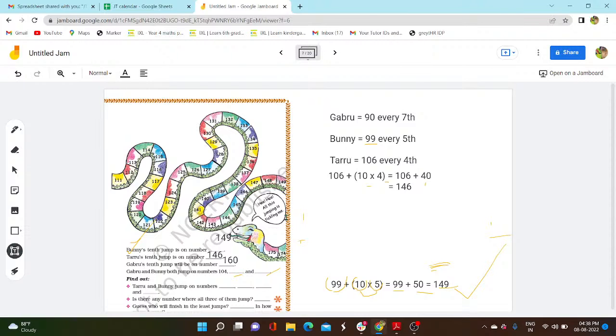Gabru we made initially, so we can simply write that very quickly. We had started from the number 90, right?